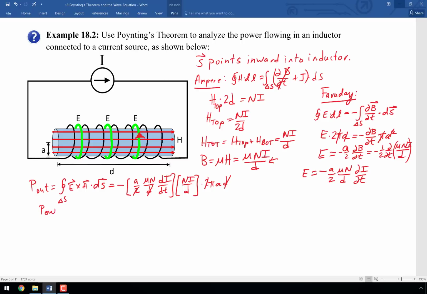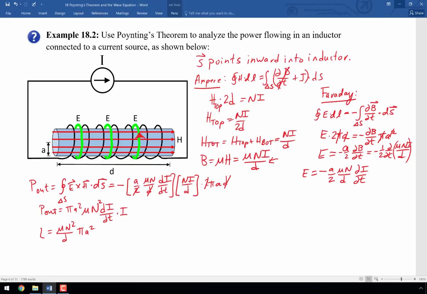So P out is equal to pi A squared mu n di dt, and there's n becomes n squared. There's also an I term, and the A is already squared, and I've already got the pi. Okay, so can I do anything else about this? I know, by the way, that L for this inductor is equal to mu n squared over D times pi A squared.